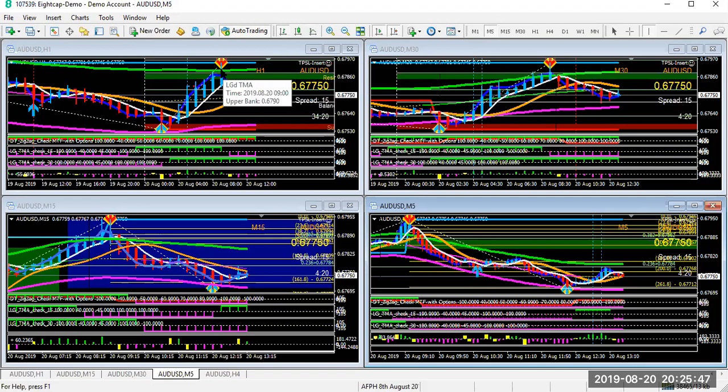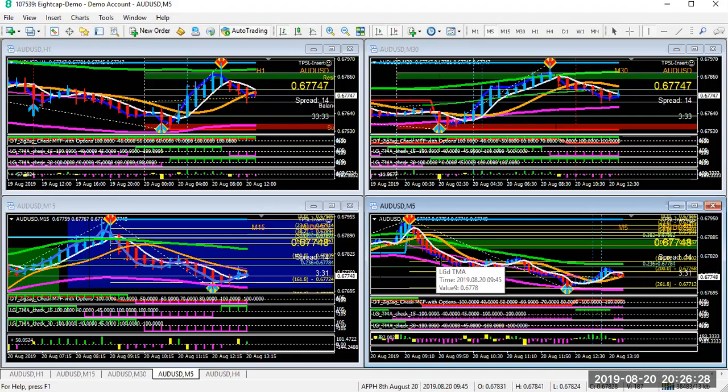Over here in the 1 hour, straight after that high diamond, it didn't quite cross. It was in the act of crossing. It did point down. Over here in the 15, it crossed down. So at that stage, they're all doing the same thing. When all the charts, or the majority of them, have their blue crossed below the white, and the 15 and 5 are already doing it, that suggests you're going to get something more than 5 pips.